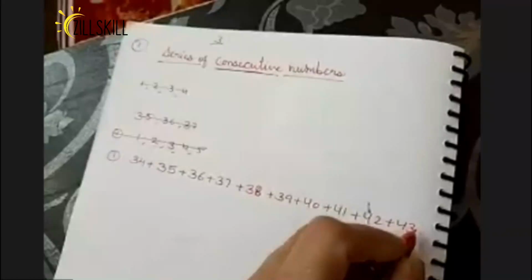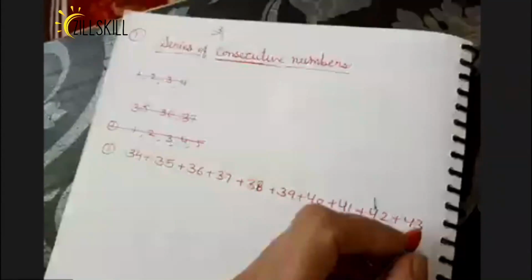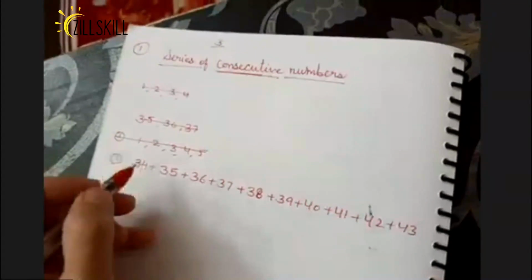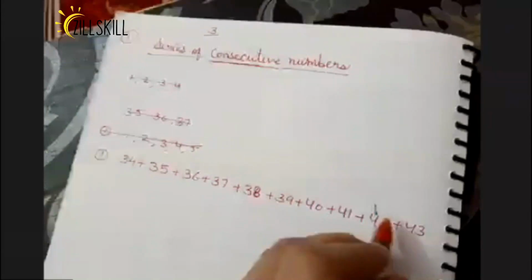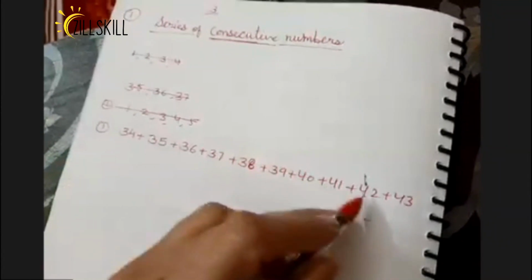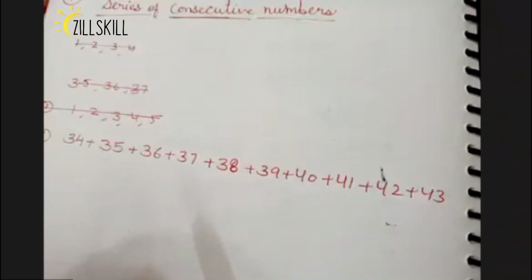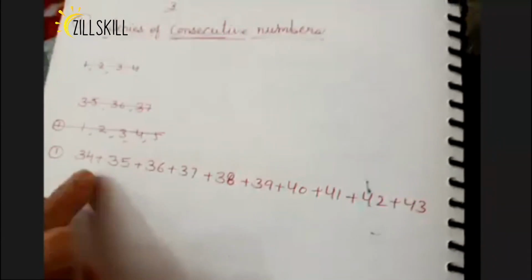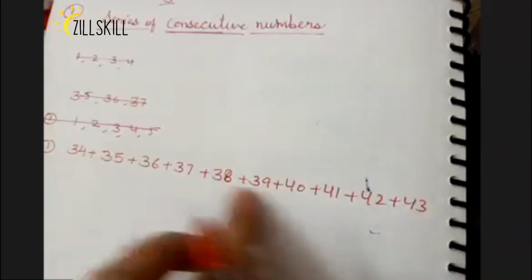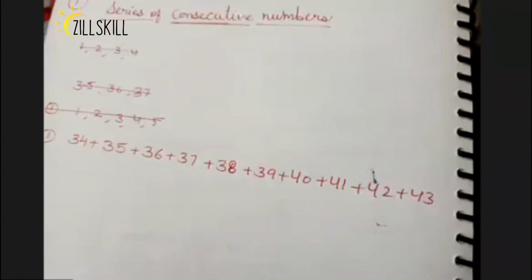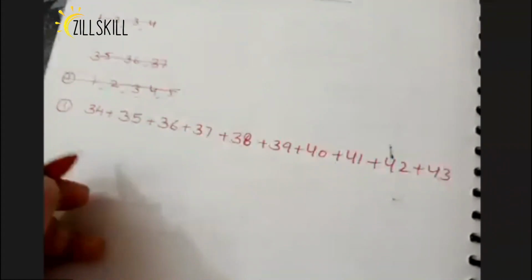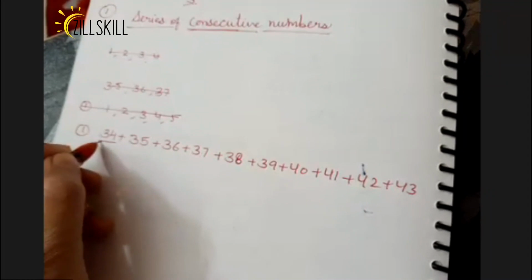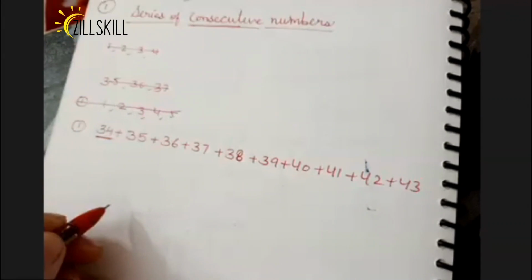These are 10 numbers of a consecutive series, right? How to add this series? I'll teach you one trick to add it within 2 seconds. First you have to take the first number of the series.